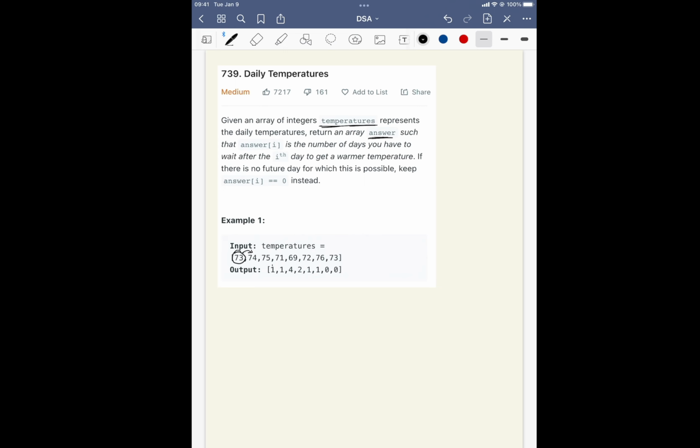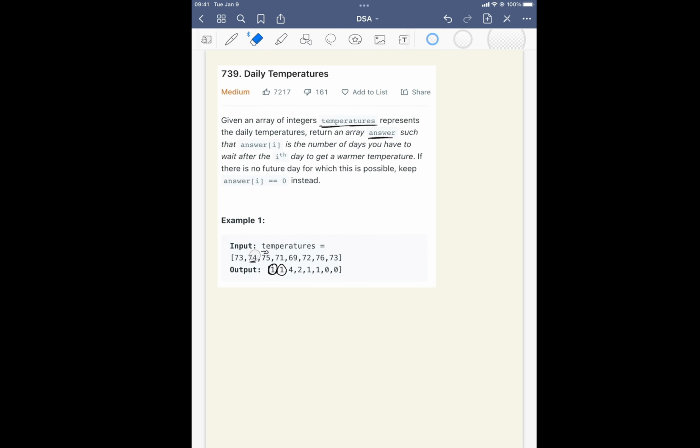So it only took one day for there to be a higher temperature. The same thing is true for the next day, 74. So 74, the next higher temperature is the next day, 75. So the output for that day is 1.